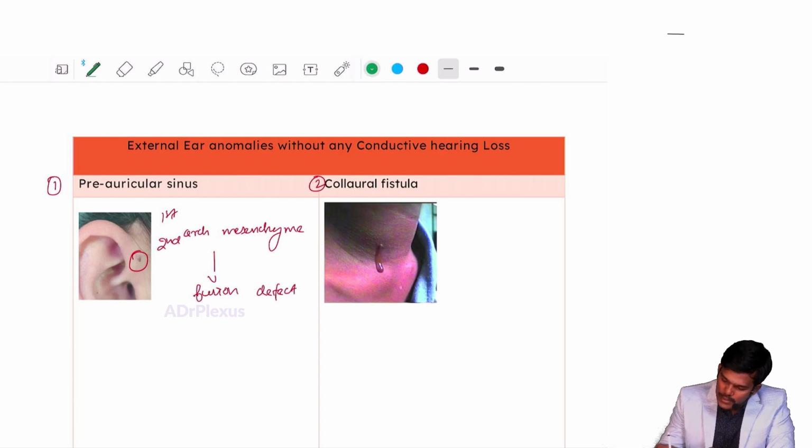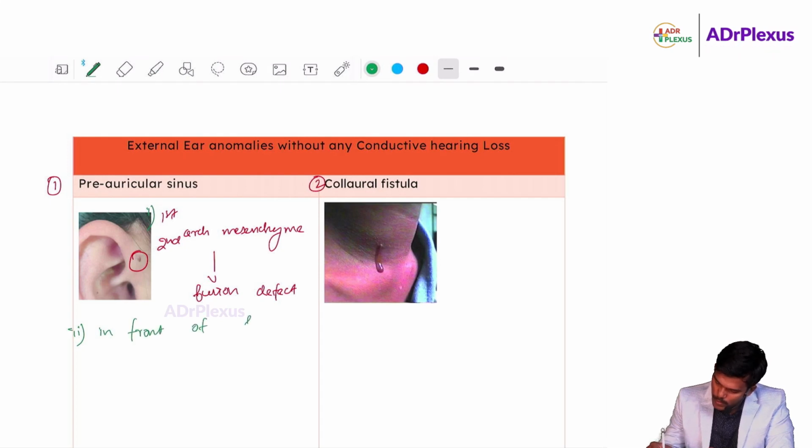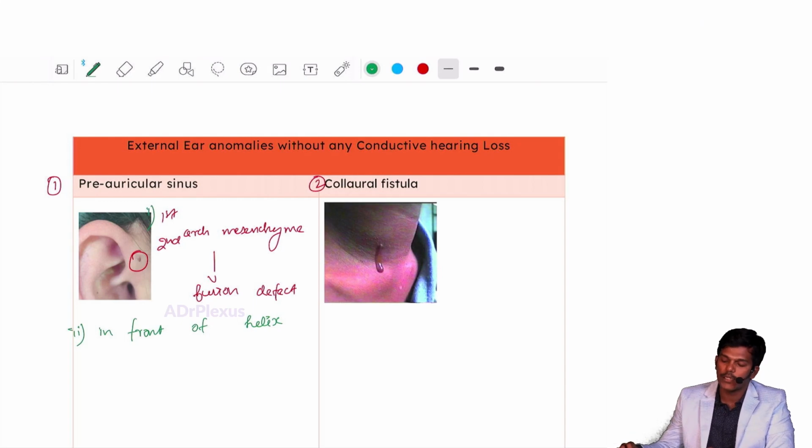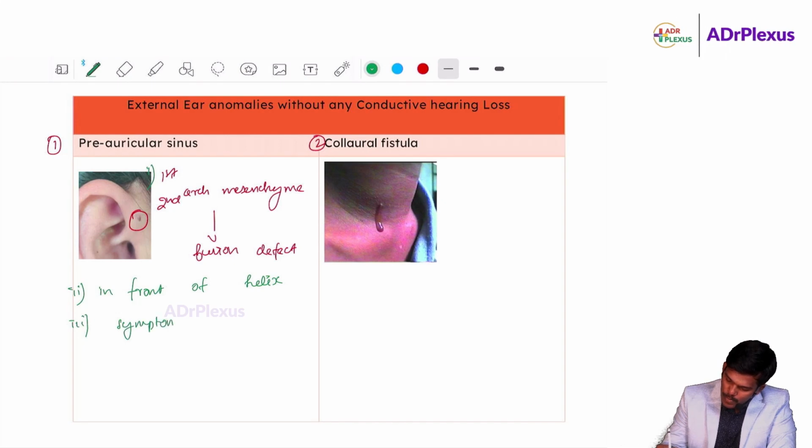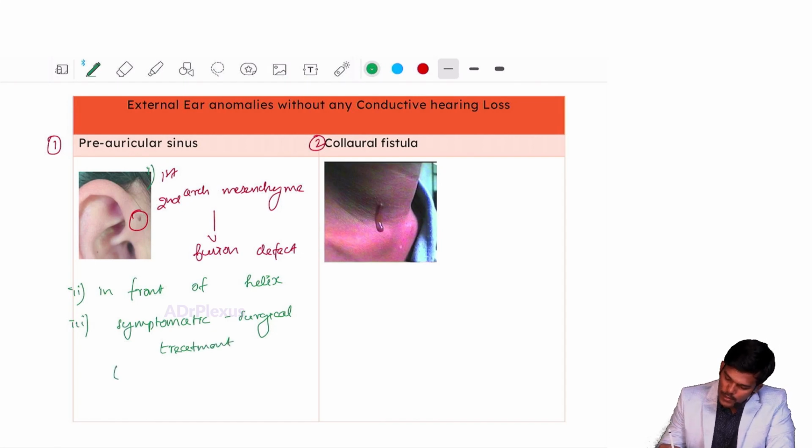This pre-auricular sinus will come in front of the helix. Clear? So if it is symptomatic, surgical treatment is needed, that is, excision of the sinus tract.